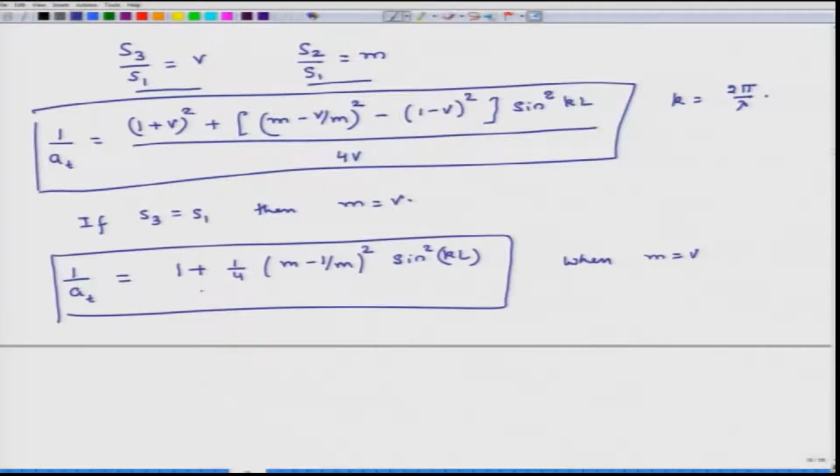So, this inverse of transmission coefficient is maximum when this sine square kL term equals 1.